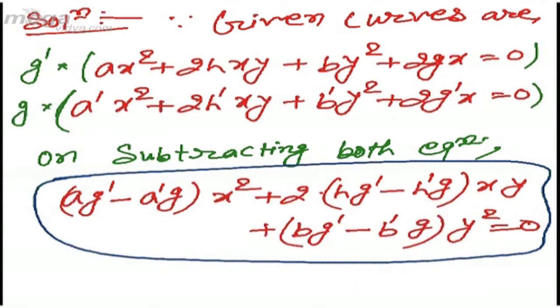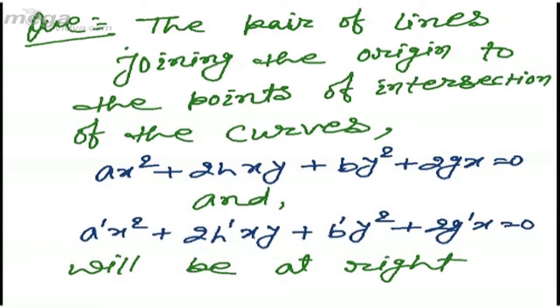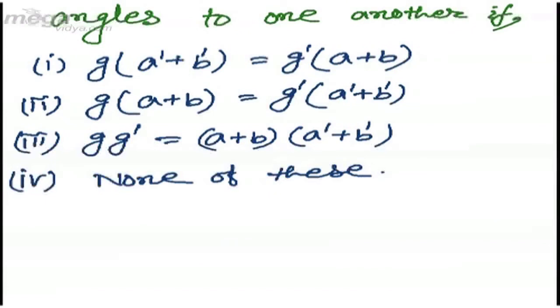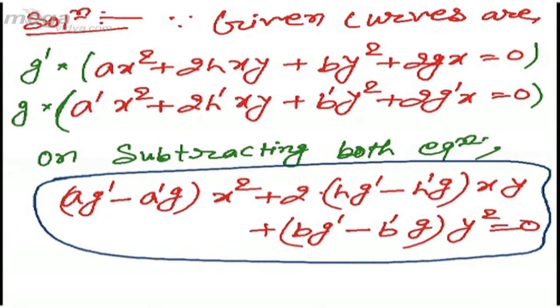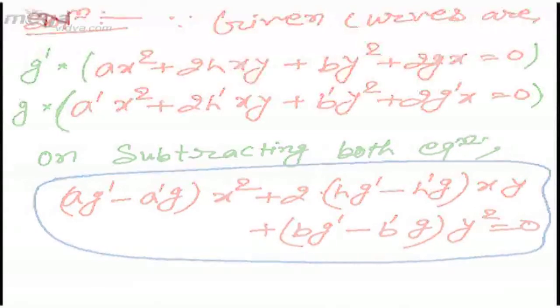Now according to the condition, those lines will be at right angles to one another. Right angles to one another, it means the sum of the coefficients of x square and y square will be equal to 0.